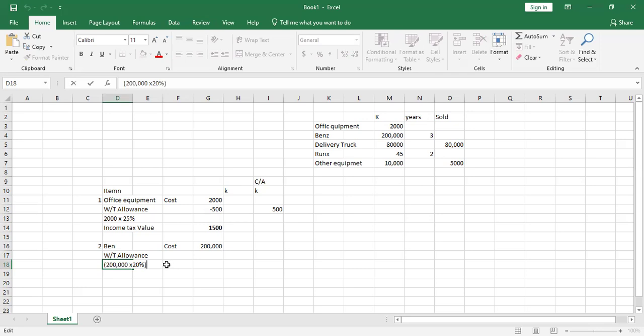Then this is where I want you to pay attention. So we've got 3 capital allowances which have passed, right? In the first year, the second year, and the third year. So now this capital allowance that we calculate by multiplying by 20% is just for 1 year. But we've got how many? 3 pending. So you multiply that by 3. So what's 200,000 times 20%?